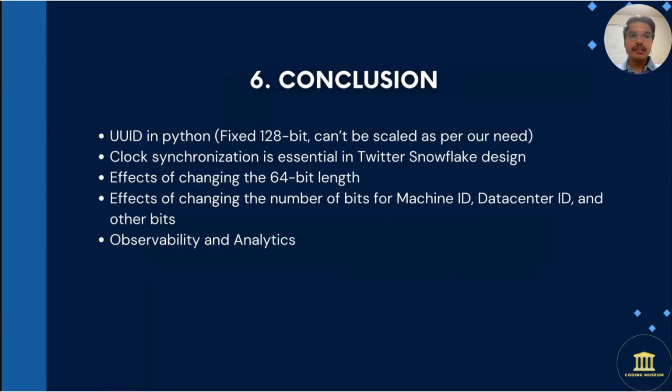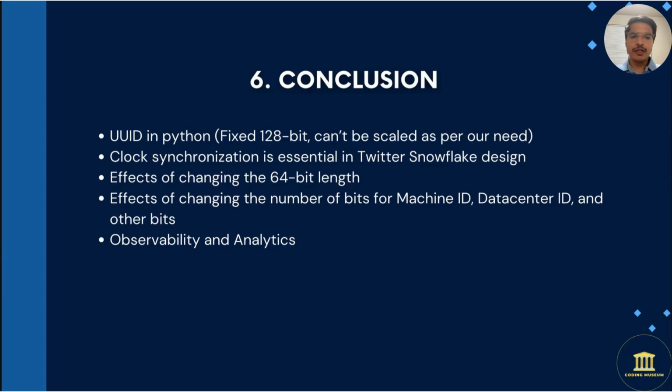In conclusion, the Twitter Snowflake design is both scalable and efficient for generating unique IDs, with UUIDs in Python offering a straightforward implementation method that could be explored in the future. The UUID method in Python allows us to create fixed 128-bit unique IDs. So this can be changed or scaled as per the bit requirement specified by the interviewer.